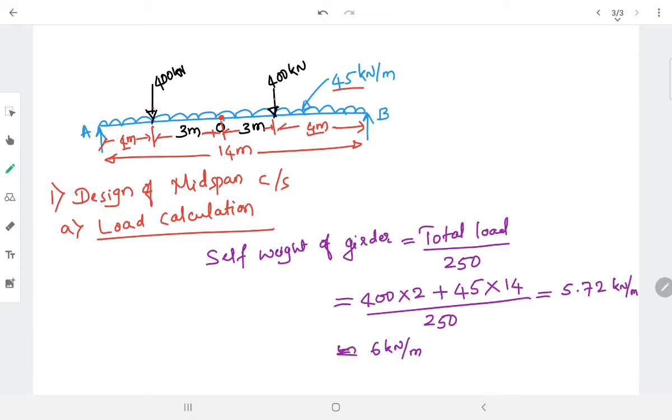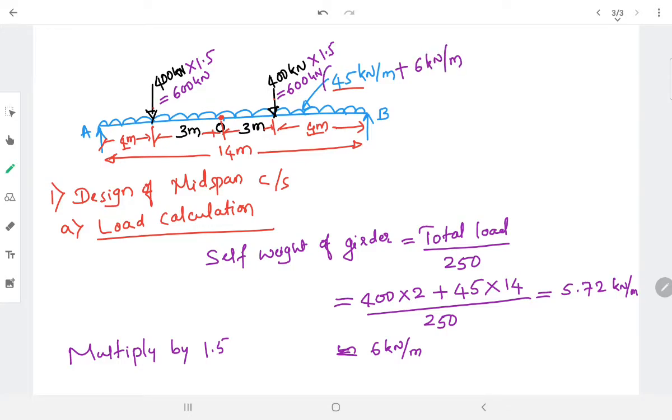So here every point load should be multiplied by 1.5. Every load, multiply by 1.5. If you multiply this with 1.5, you'll get 600 kilonewton load. This is because the factor of safety has to be considered here. Then the UDL already acting is 45 plus the self weight of the girder is 6 kilonewton per meter. So add both these and then multiply by 1.5.